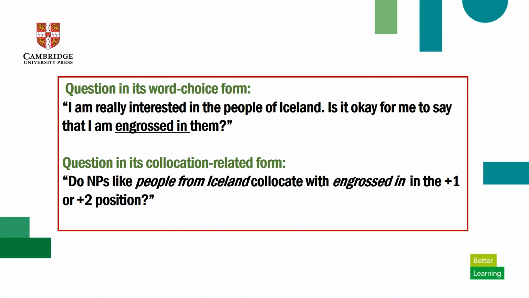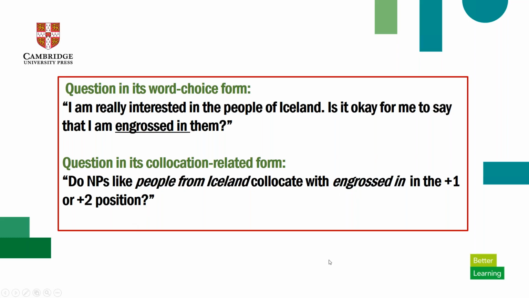If a student has a question about whether that's appropriate, if they frame that question in its word choice form, they might say, I'm really interested in the people of Iceland. Is it okay for me to say that I am engrossed in them? That's in the word choice form. But if you frame it in the collocation related form, something like, do noun phrases like people from Iceland collocate with engrossed in as the node in the +1 or +2 position?